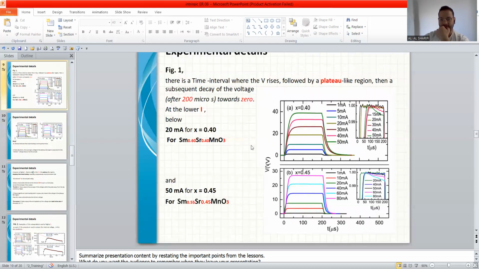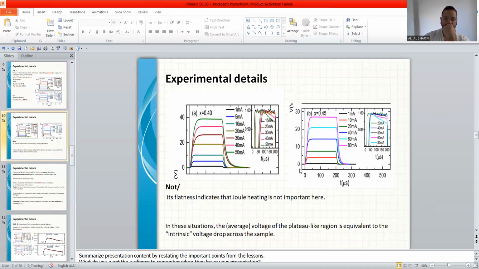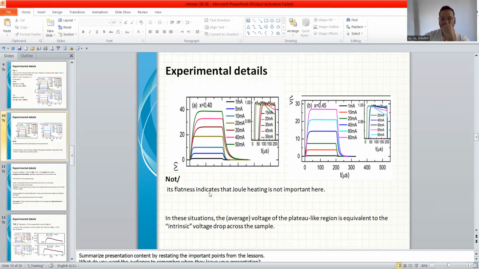Like I said, I explained all the important information about these two images. This flatness, like I said before, indicates that Joule heating is not important here. In this situation, the average voltage of the plateau, that means all of this area, is the intrinsic voltage drop across the sample.